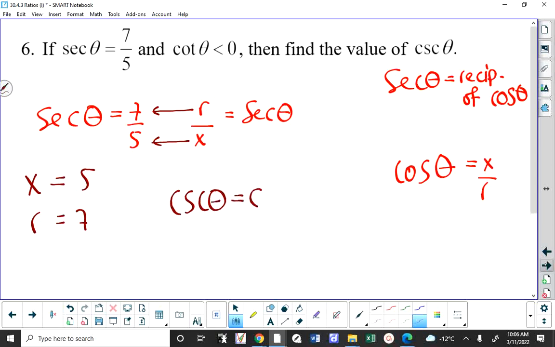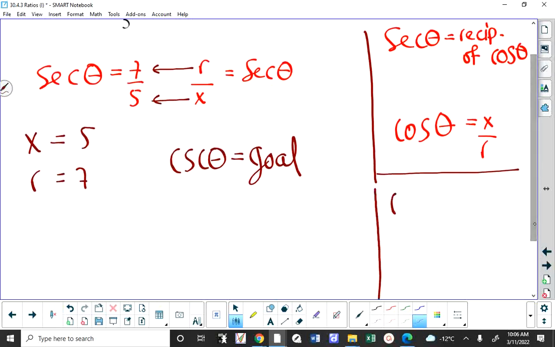This is our goal. So now we got to go back to either our formula sheet or our brain and the definitions of all of these things and say cosecant of the angle is the reciprocal of sine of theta, this is what we're trying to find.